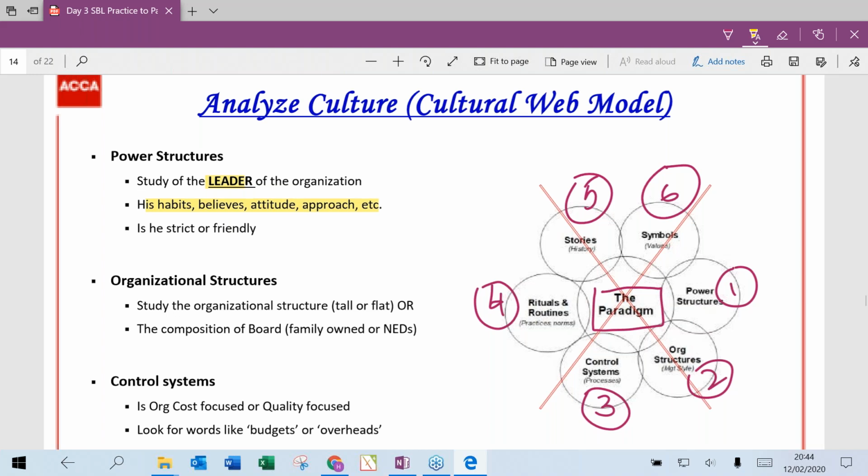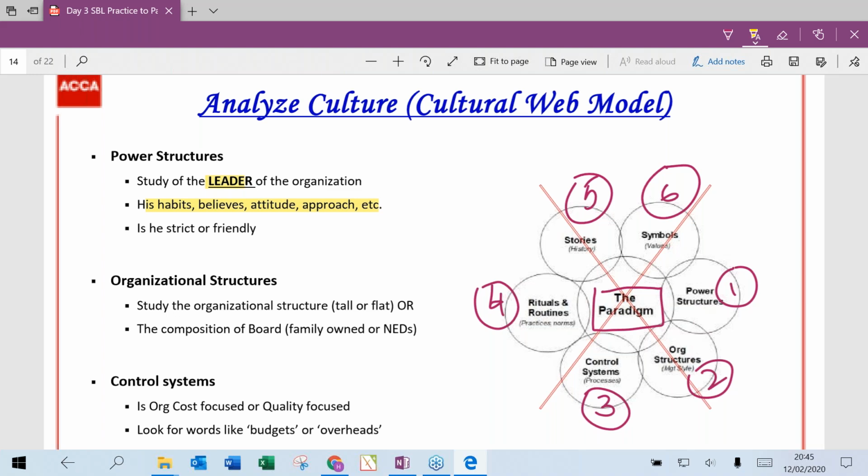So if I want to study the overall culture of an organization, a good starting point is to study the leader of that organization. What is his style? What is his attitude, his values, his beliefs? All those will give me a fair idea of how the overall culture would look.